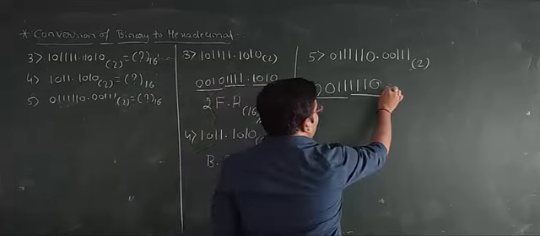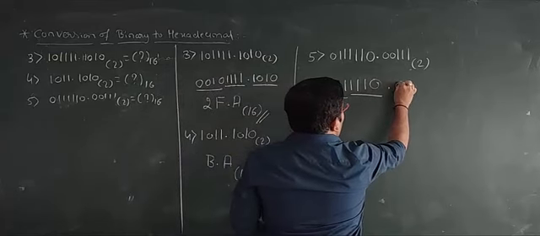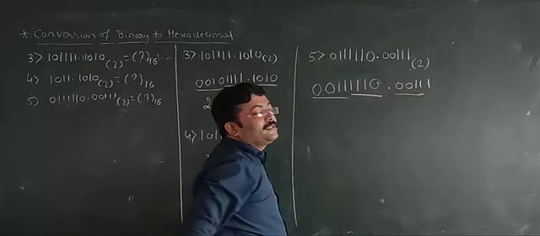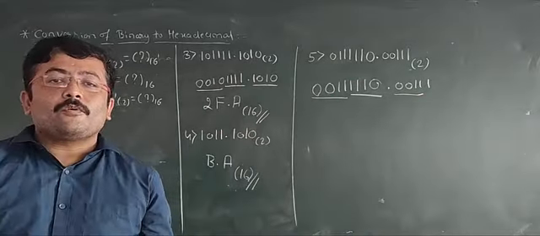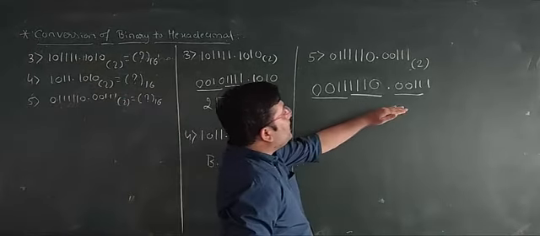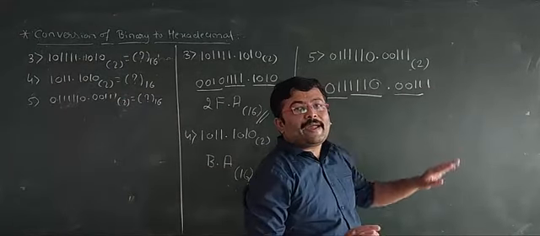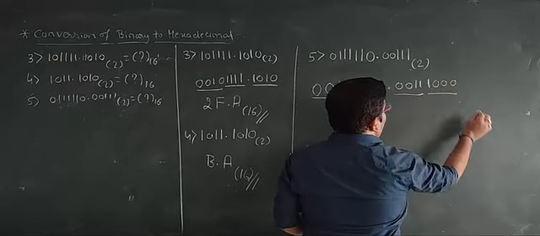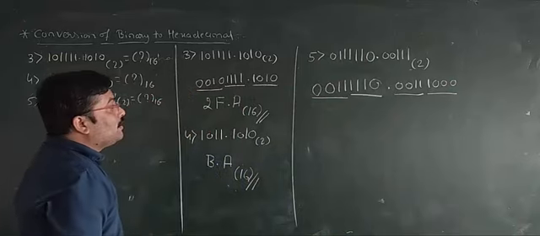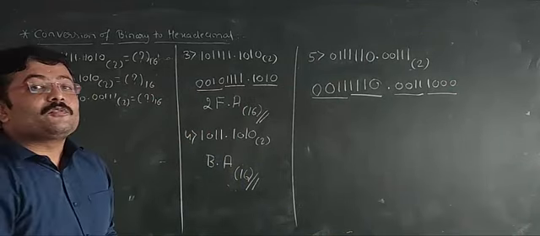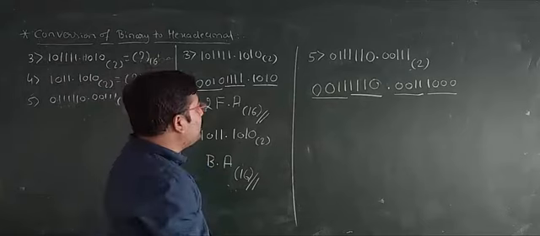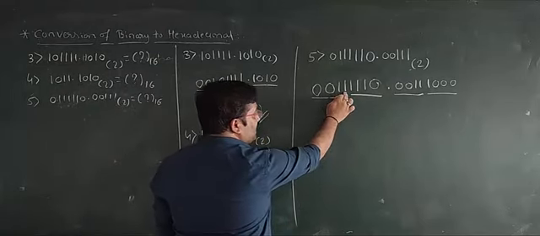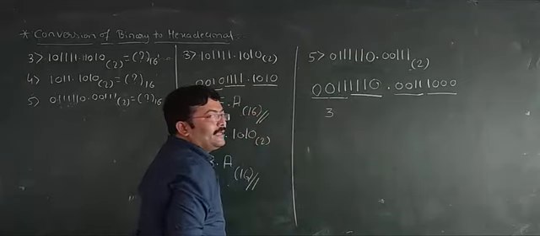Fine. So after decimal point, 0 0 1 1, so 1 2 3 4, because for the fractional part, start from leftmost bit. So here only one value is left, so add 3 zeros to the right side. So this is one group. Now write the equivalent hexadecimal number using the 8421 method table. 0011, 2 place has 1, 1 place has 1, that is nothing but 3.